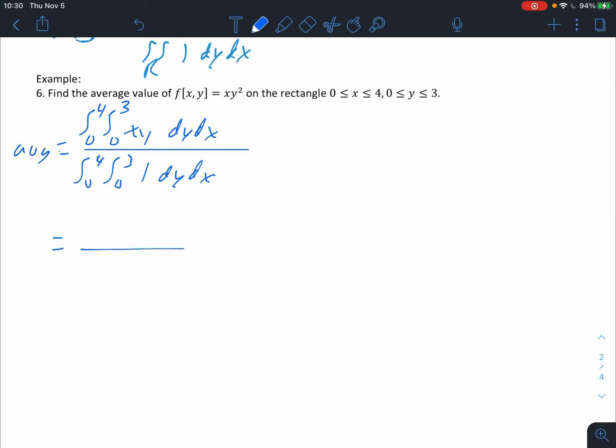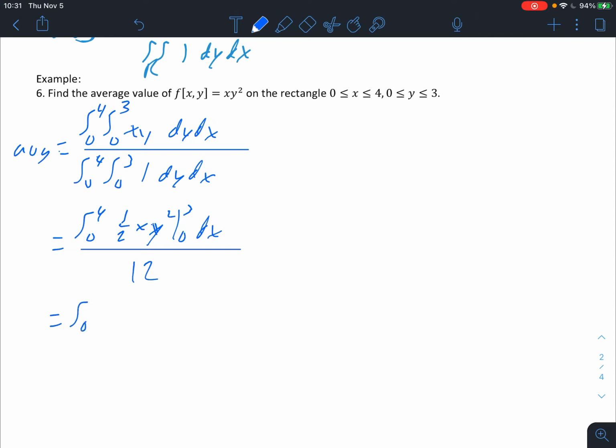All right, so the numerator is going to be a little bit harder to do than the bottom here. So to do the numerator, we're going to integrate first with respect to y, so that becomes 1/2 x y squared from 0 to 3 dx. The denominator you could probably figure out just by looking at that. It's a rectangle from 0 to 4 by 0 to 3. That's 4 times 3, so the denominator is just going to be 12.